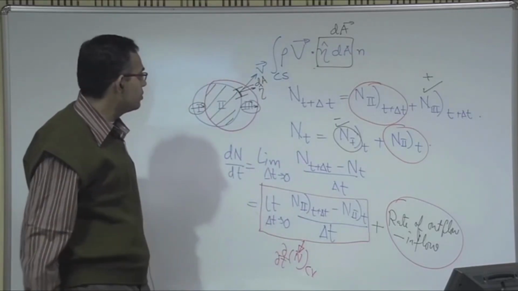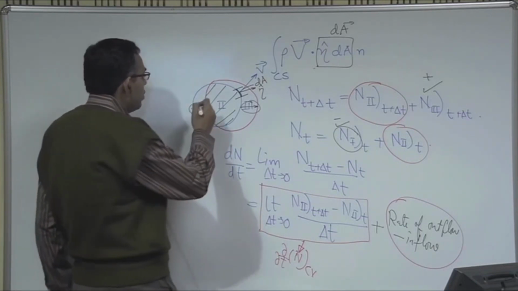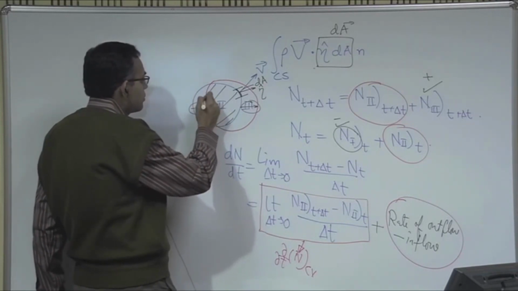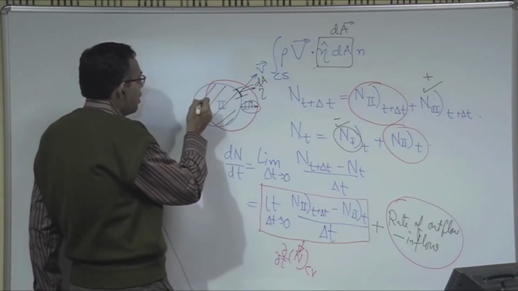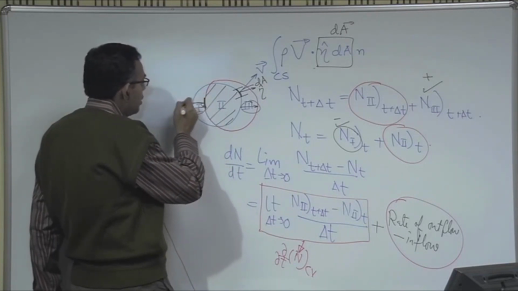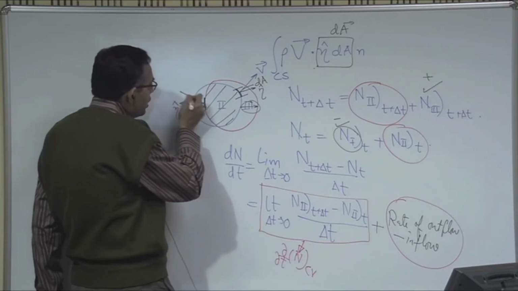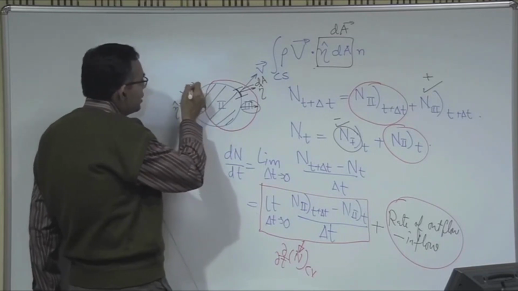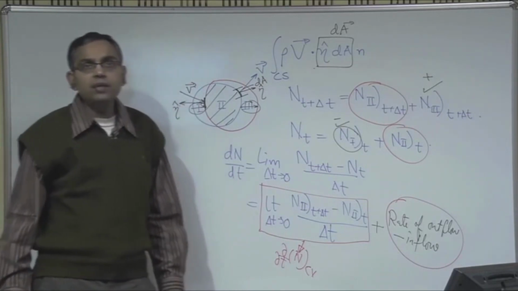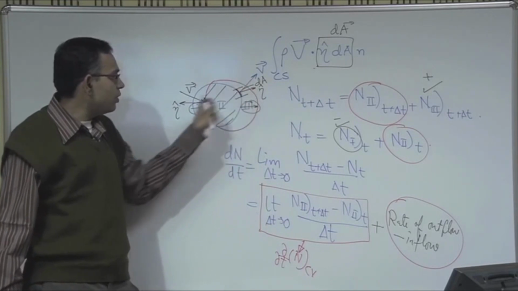So this is outflow. Now how do you write inflow? When you consider inflow, let us consider an area here. Now here the normal direction is like this, and for the fluid entering the control volume the velocity is like this. So what is the most important demarcating factor between the outflow and the inflow scenario?